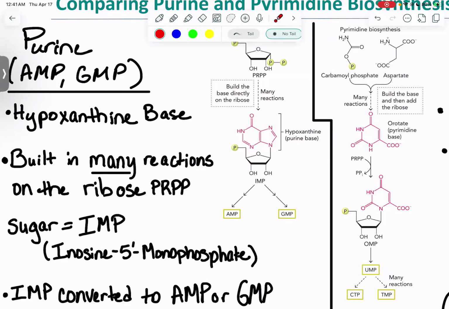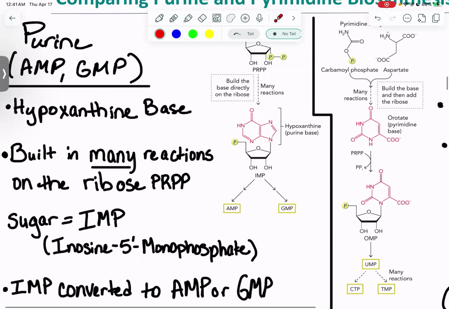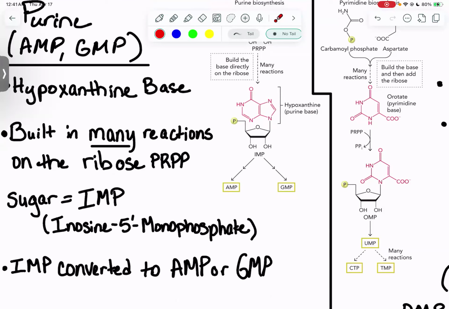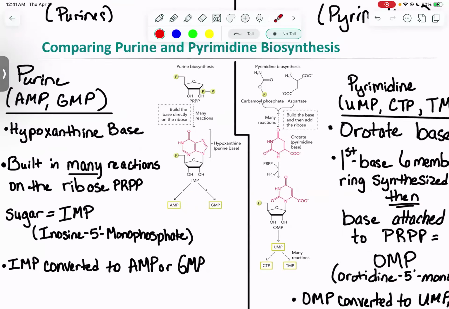Inosine has a hypoxanthine base attached to a sugar with one phosphate. The phosphate's on carbon number 5, so it's inosine 5' monophosphate. You do have to learn those. And then once we have the IMP, it can be converted to AMP, or IMP can be converted to GMP.